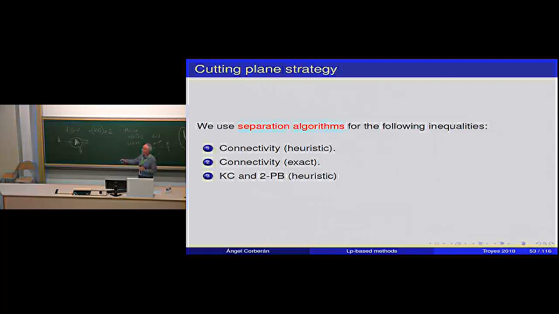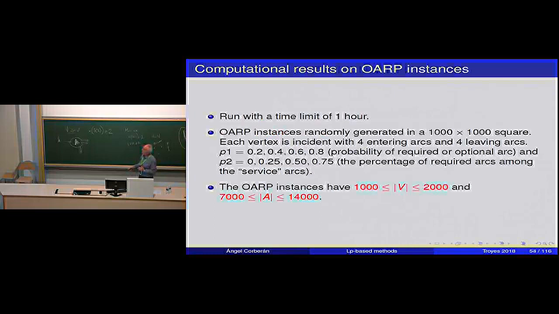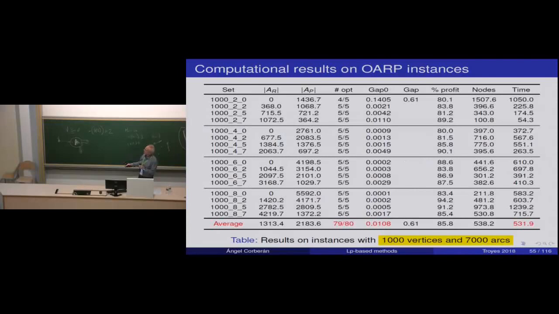We have developed separation algorithms for these inequalities, one heuristic and one exact algorithm, and other families of valid inequalities. And we have run the code on instances with this number of vertices and this number of arcs.